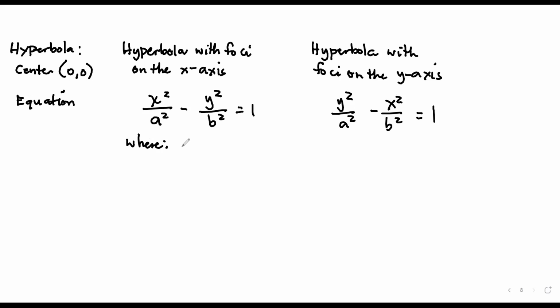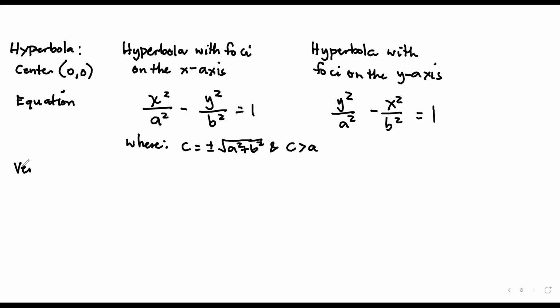Where c, ba na yung formula? To find the c, that is positive negative square root of a squared plus b squared. And c here is greater than a. Mas malaki na si c kasi sa ellipse mas malaki si a.